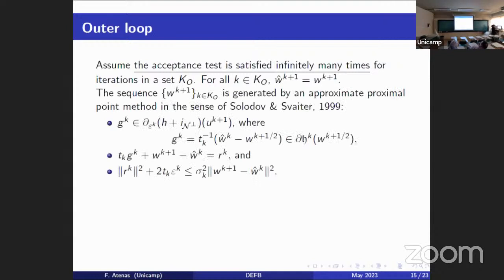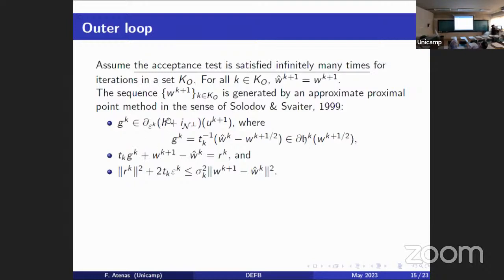So the convergence analysis in this case is based on this inexact version of the proximal point algorithm, originally developed for maximally monotone operators using the enlargement of operators. But in the optimization case, we can reduce the analysis to the epsilon subdifferentials.